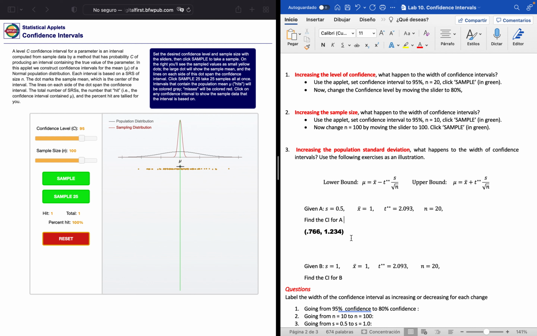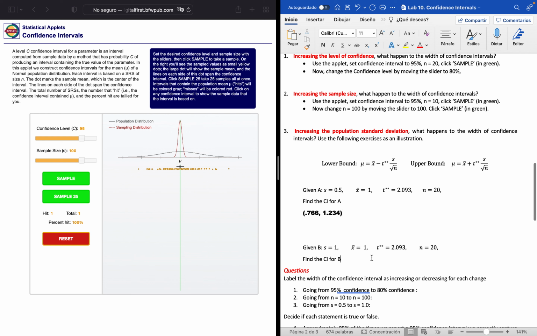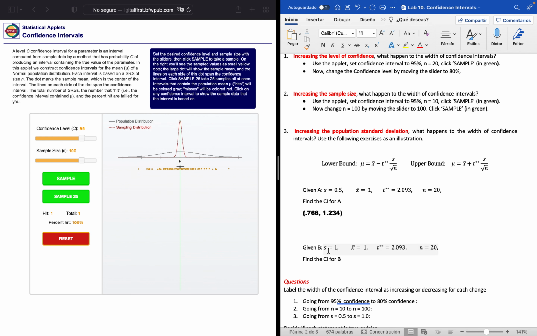There you have. So use this formula, the lower bound and upper bound, with these values. I got this. Now repeat the process, but now do it for the same values, but change the s to 1. Before we used s equal to 0.5, now we're using s equal to 1.